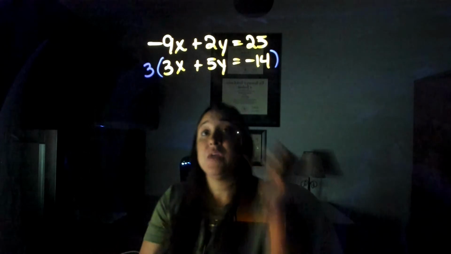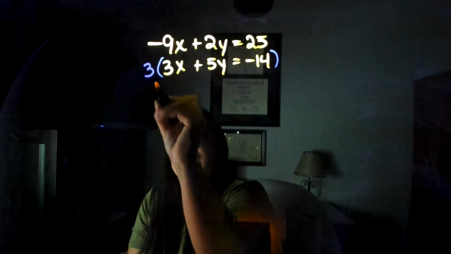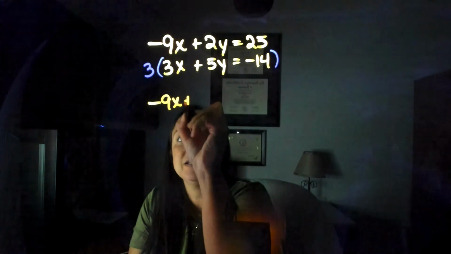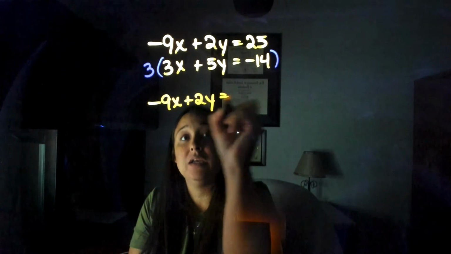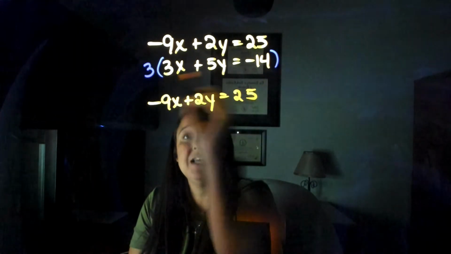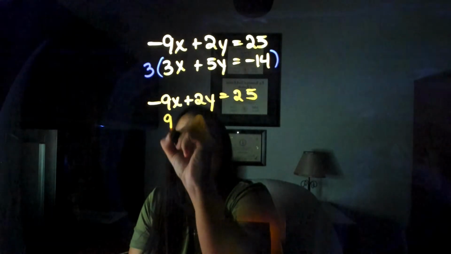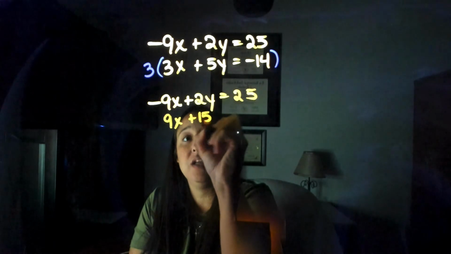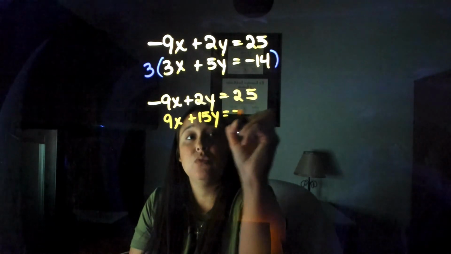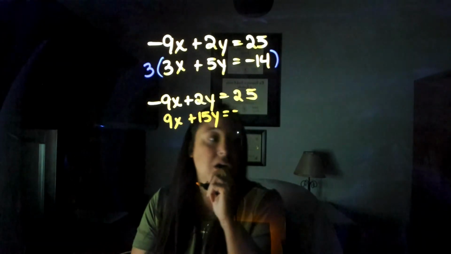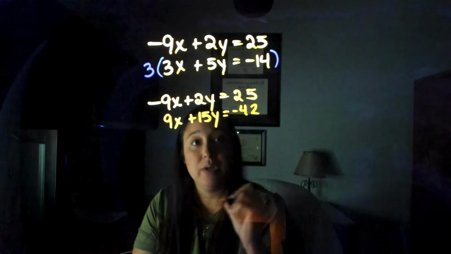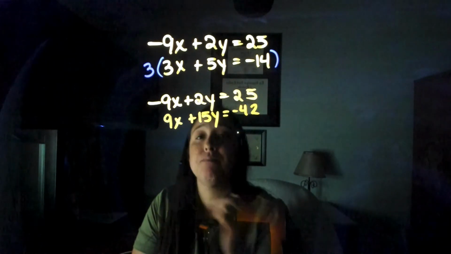I'm going to leave the first equation just as it was, negative 9x plus 2y equals 25. But that second equation now becomes 9x plus 15y is equal to negative 42. Bear with me with my mental math.